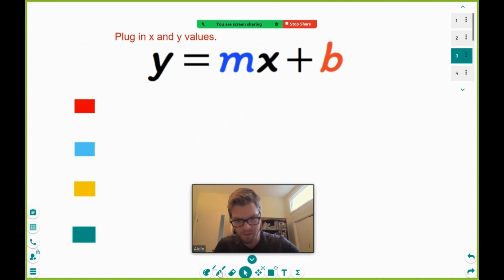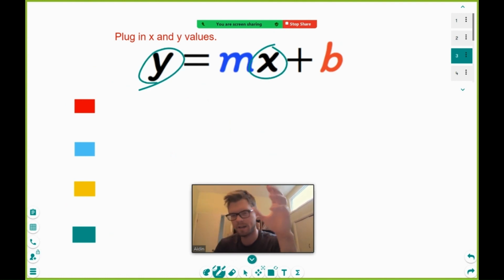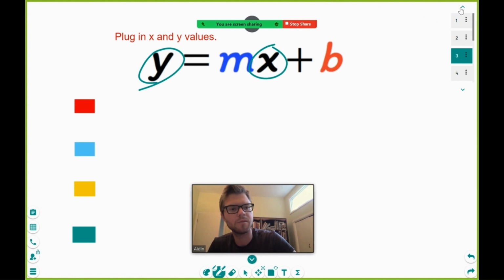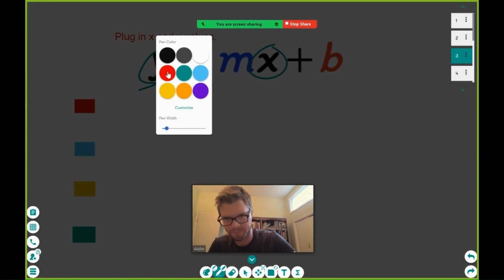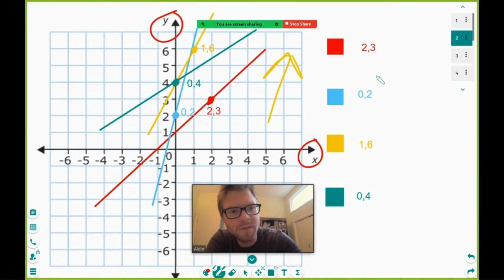The good thing about this equation is it's very simple because you can take your y value for 1 point on a line and plug it in. And what we can do here is have our 2, 3. Remember, this is going to be x and this is going to be y.